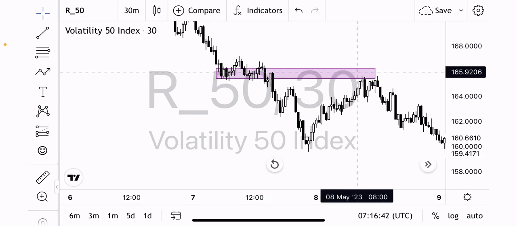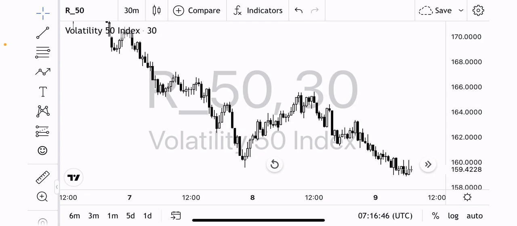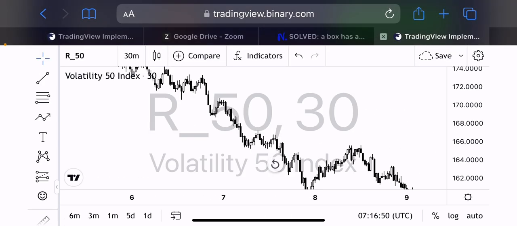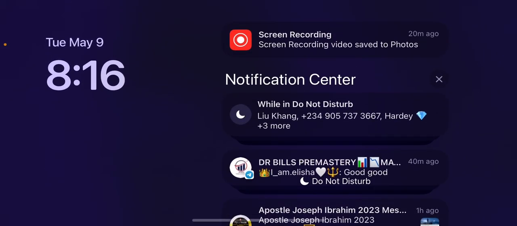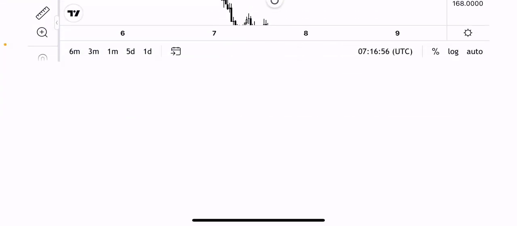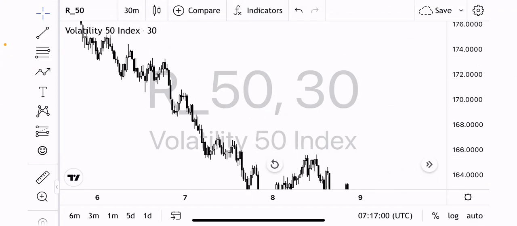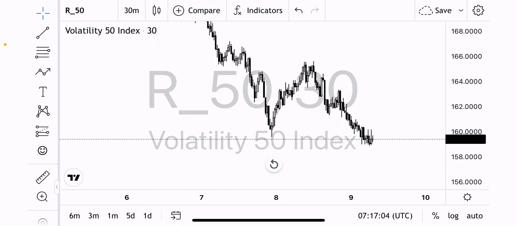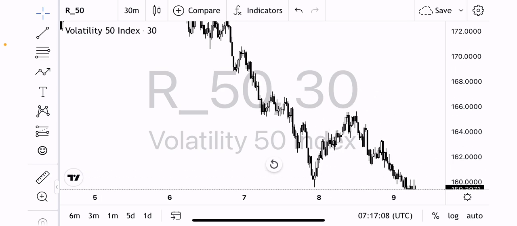All right, guys. So let's use, okay. This is the 30 minutes time frame. Now, this is our external liquidity.